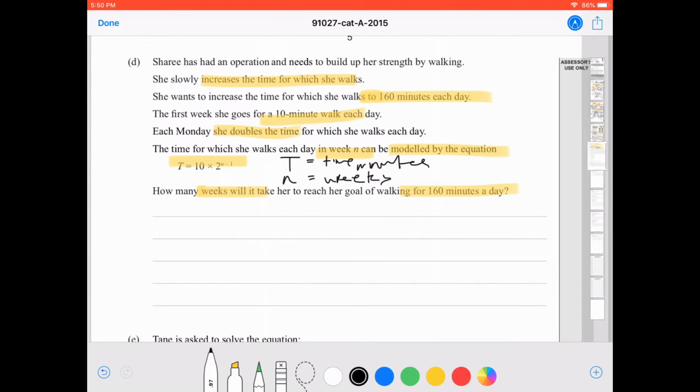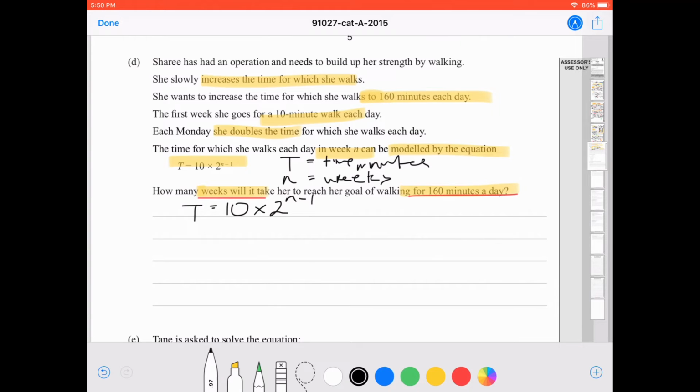Okay, so we've got this equation, t equals 10 times 2 to the power of n minus 1. And what are they asking us to do? Well, we're looking for how many weeks, so basically we're solving for n, will it take her to reach her goal of walking for 160 minutes a day.